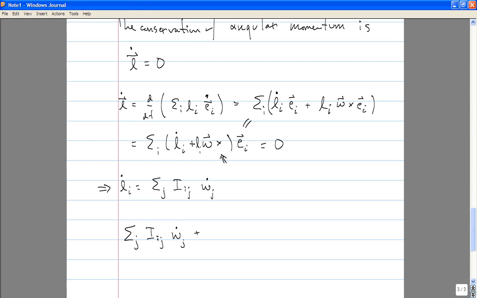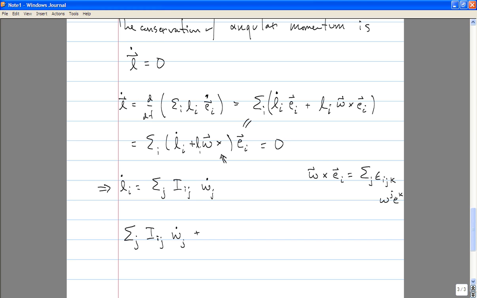So omega cross Ei is the sum over j, epsilon ijk omega j ek.